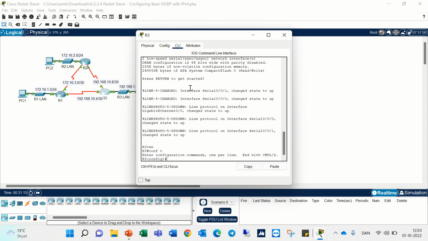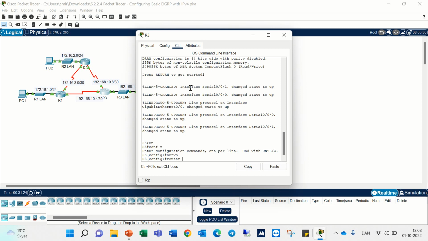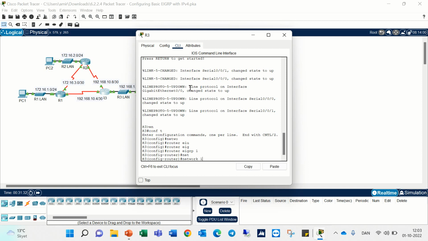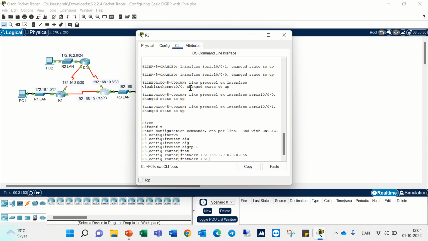And also you can use router eigrp 1, network 192.168.10.0, advertise this network, and 0.0.0.255, and we have 172.16.0.0. All of them are 192.168.10.4.